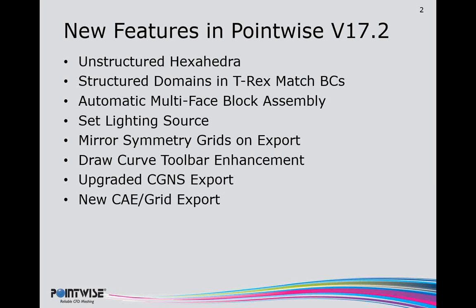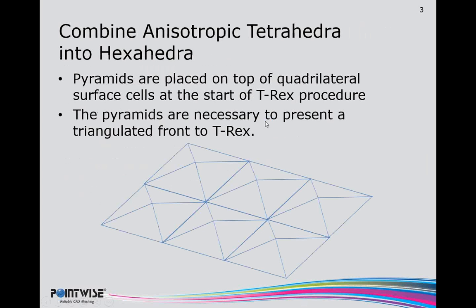So let's go ahead and get started and look at how we're using structured domains in T-Rex meshes. In the past, when we had structured domains that users grew T-Rex boundary layer meshes off of, what we would do is we would create a base pyramid on each quadrilateral cell. On that base pyramid, we would then place anisotropic tetrahedra, and we would use the T-Rex algorithm to march those anisotets off that into a boundary layer mesh.